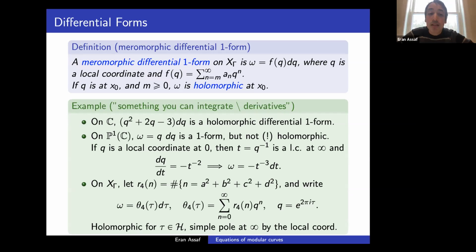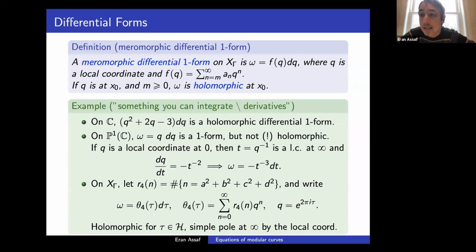If this Laurent series at a certain point is a power series, then we say that it's holomorphic there. And here are some examples. For example, on the complex plane, something like (q squared plus 2q minus 3) dq is a holomorphic differential one-form.